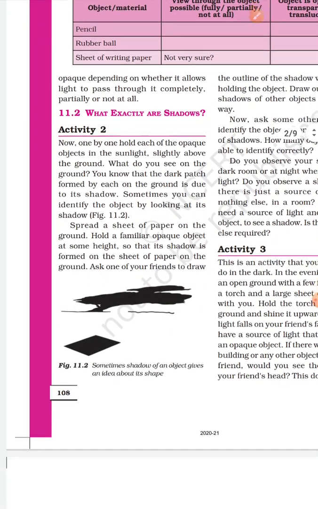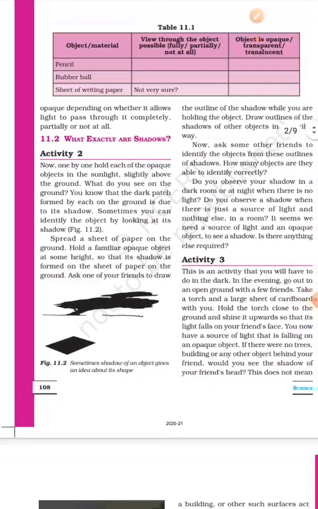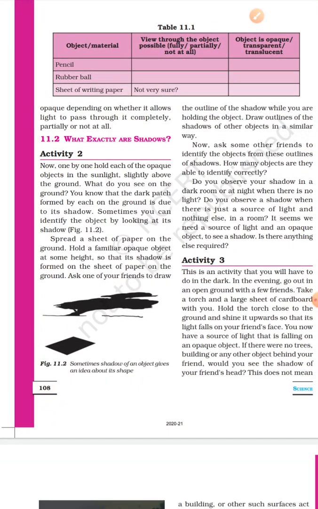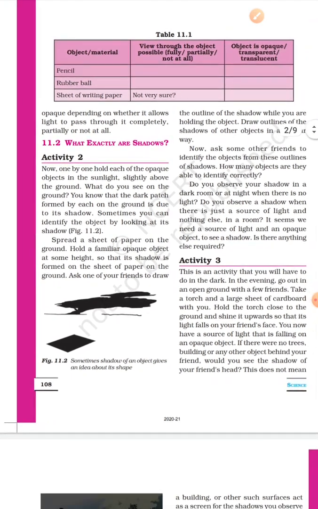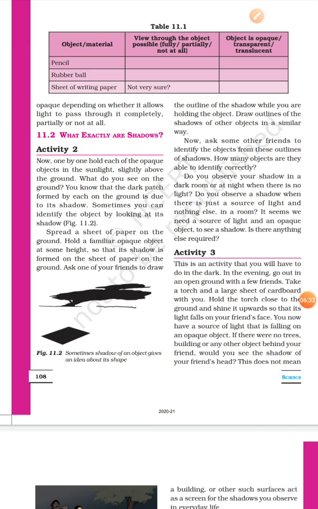Now we have another thing in this chapter, dear students, that is about shadow. We are familiar with this term shadow. Sometimes we have seen that the shadow of an object gives an idea about its shape. Am I right? For this, we will discuss Activity number 2.